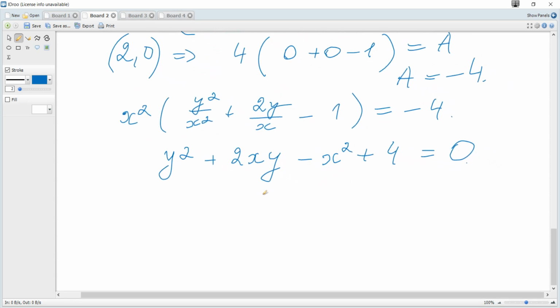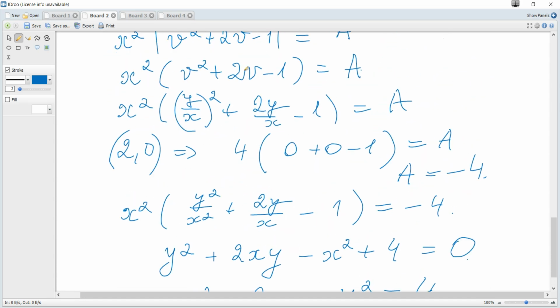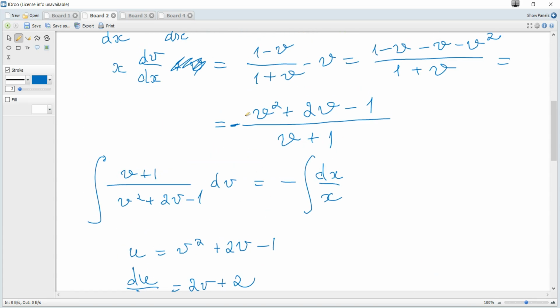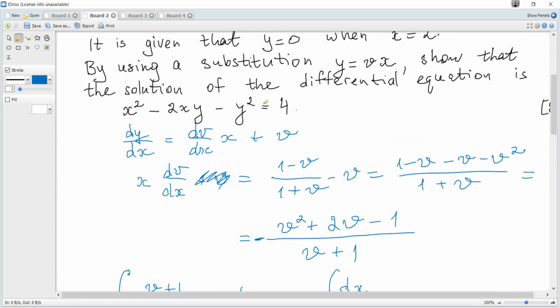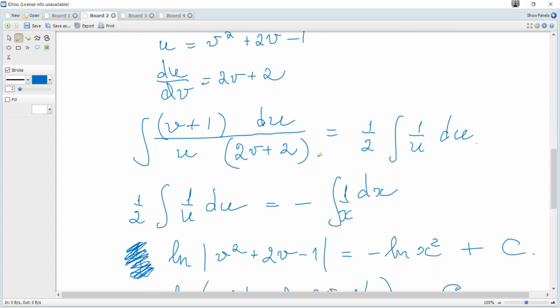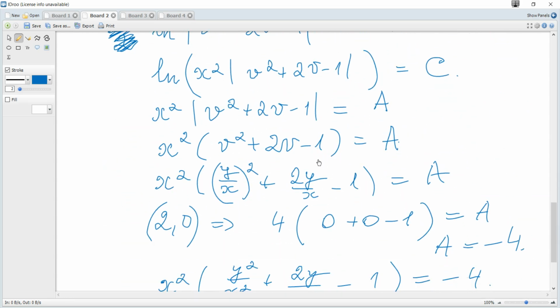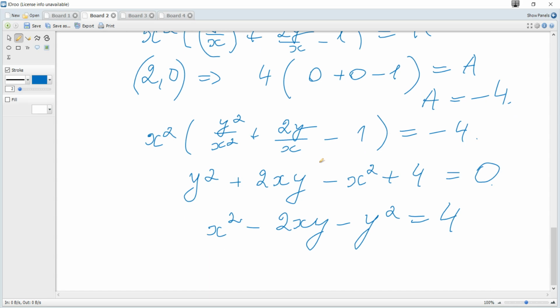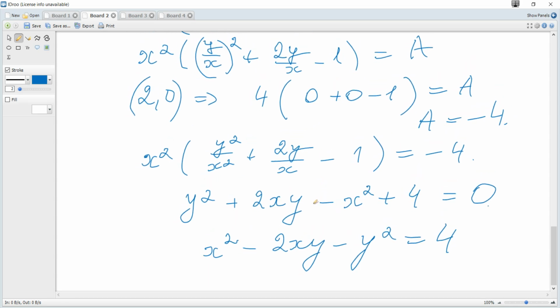So x squared to another side, so x squared minus y squared minus 2xy is 4. So it's correct. And that's all for this question.